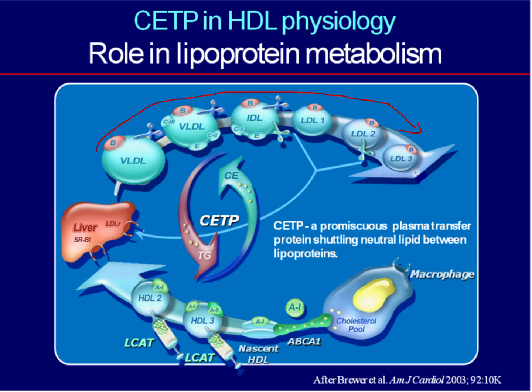And then you have the HDL, which basically is matured. It goes from nascent HDL into an active form of HDL by acquiring cholesterol from the macrophage. This cholesterol is esterified into cholesterol ester through an enzyme called LCAT.